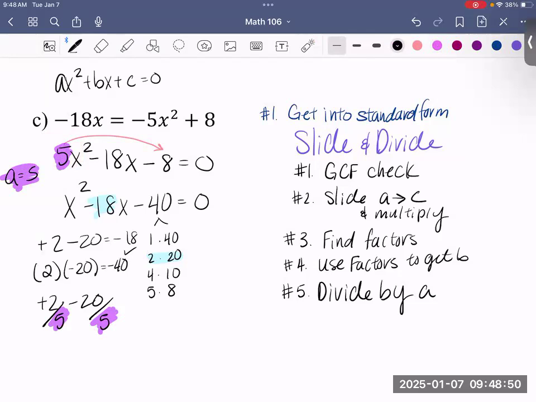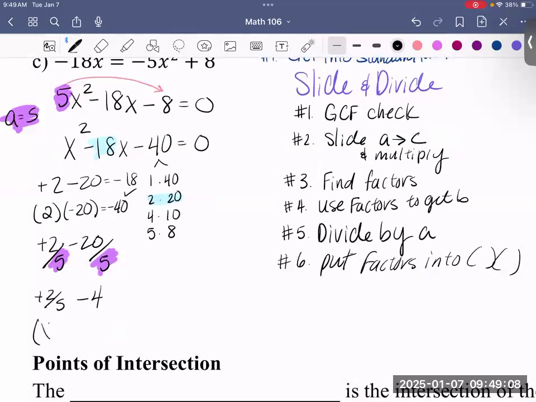So 2 divided by 5, that doesn't give us much. Negative 20 divided by 5, though, that makes negative 4. So now we get to put factors into parentheses. So we get x plus 2/5 and x minus 4 is equal to 0.